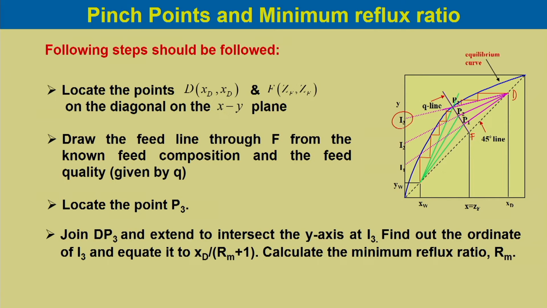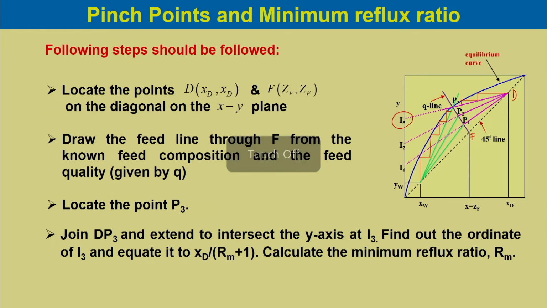From the point xd, we extend this rectifying section operating line from the pinch point to the y axis to find the ordinate at I3, that is equal to xd by Rm plus 1.